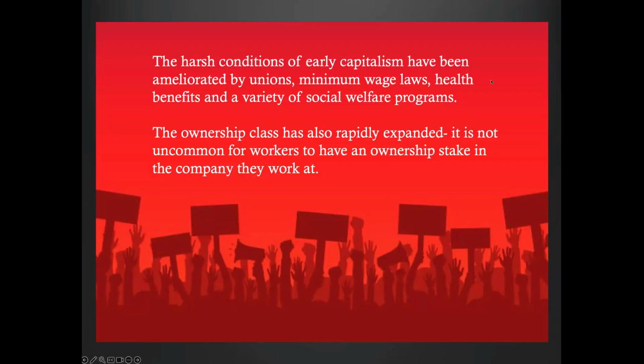The harsh conditions of early capitalism, and we have to be fair to Marx because the capitalism that he understood was the capitalism of the Industrial Revolution, which was brutal. But the harsh conditions of early capitalism have been ameliorated by unions, minimum wage laws, health care, health benefits, and a variety of social welfare programs.